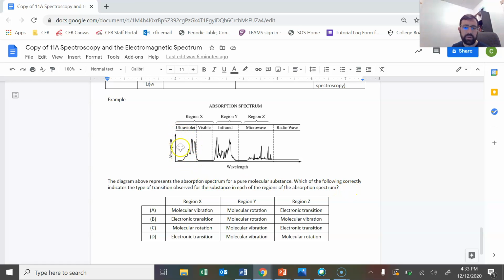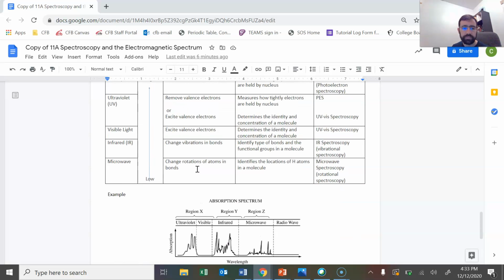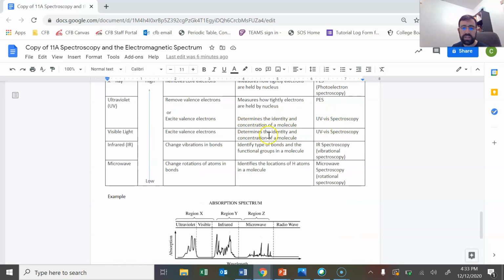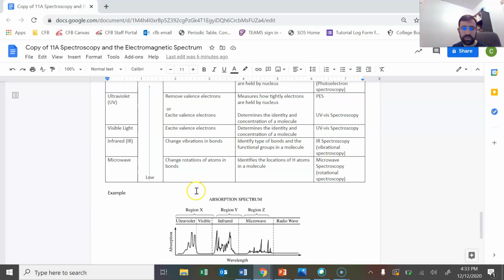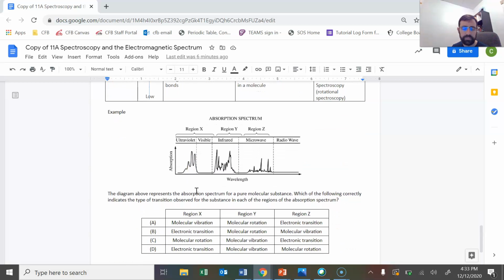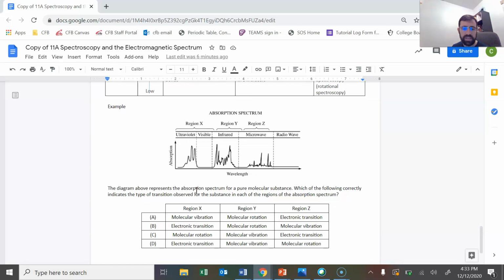At the high end, ultraviolet and visible, we can tell the identity of the molecule because we're exciting valence electrons. Okay, that's UV-vis, right? So we're exciting the valence electrons. We've got an electronic transition there at the higher end of our energy, the higher energy radiation.